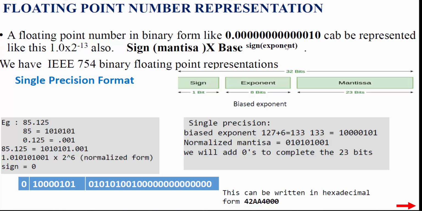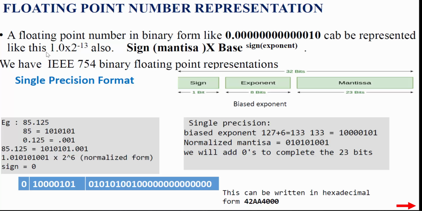Normally a floating point number is represented like this: whole part, decimal point, fraction. The same can be represented in another way like this: 1.0 into 2 to the power minus 13, which exactly matches this particular number.